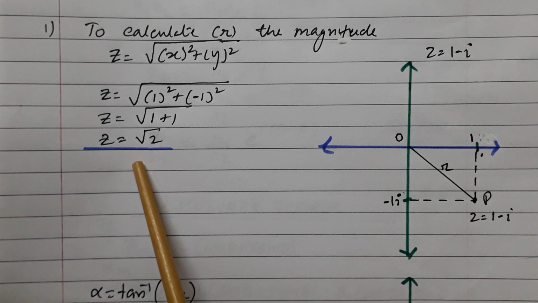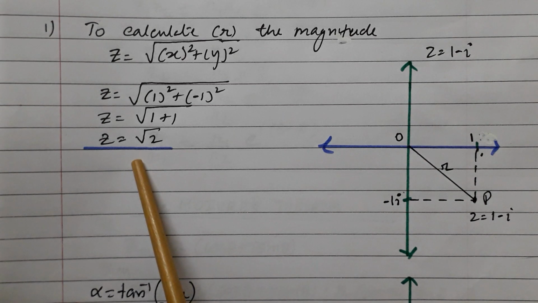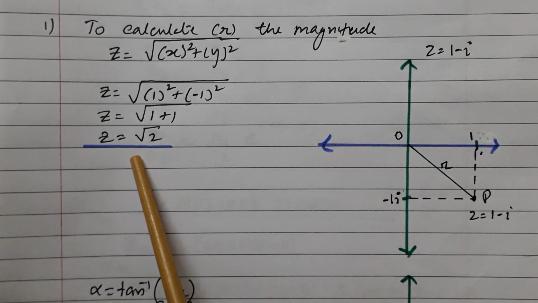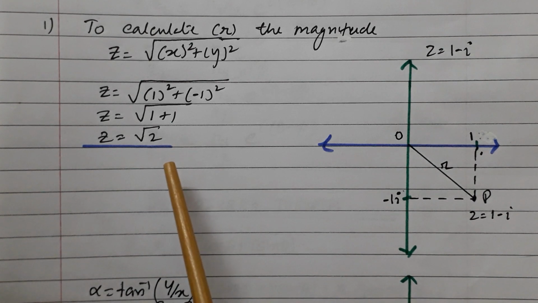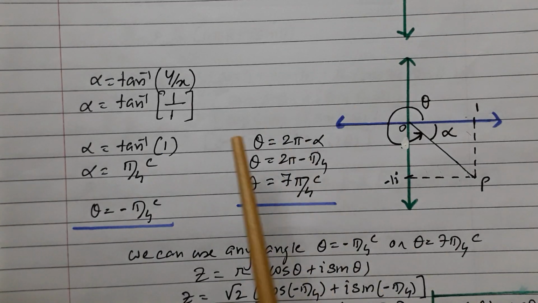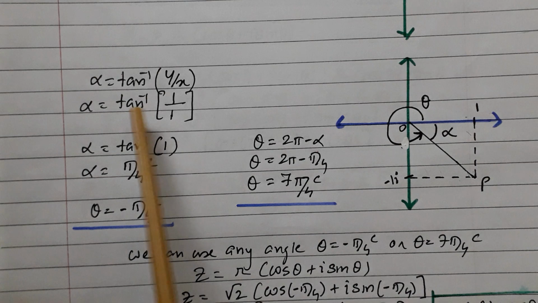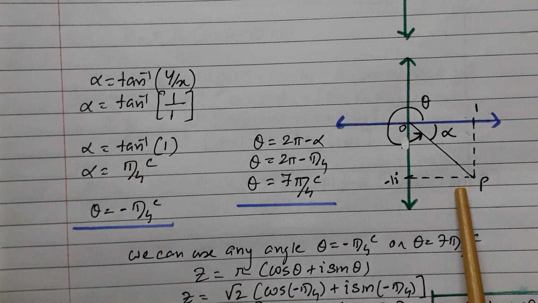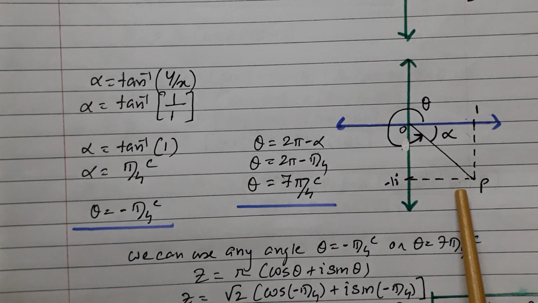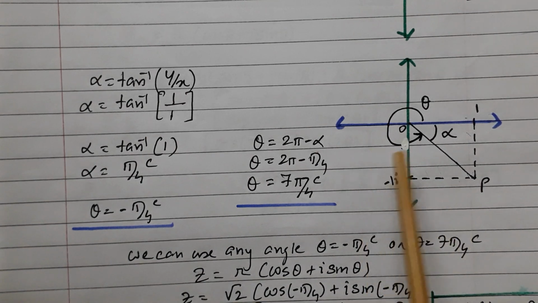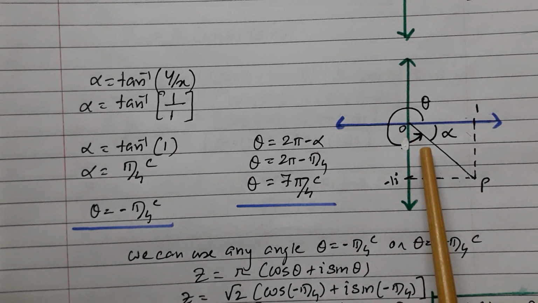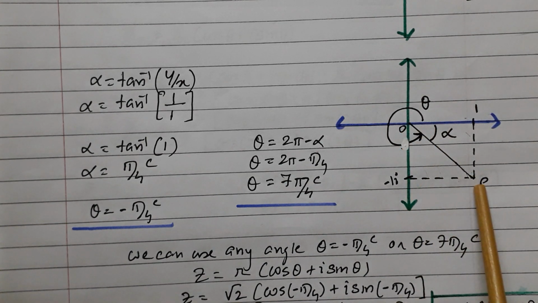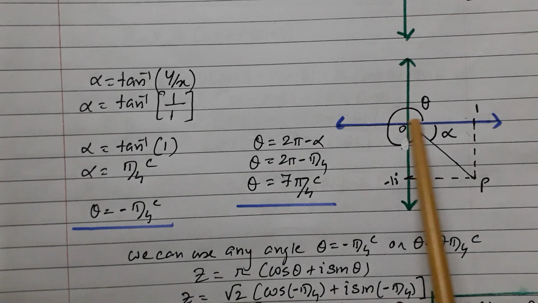Now let us calculate the argument, because magnitude and argument are the two things that are necessary for representing a number in the polar form. If you look here, the number is represented on the Argand diagram. Here, the argument is the angle made by the arm OP with the positive x-axis.